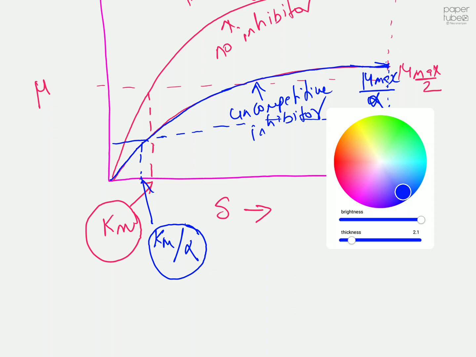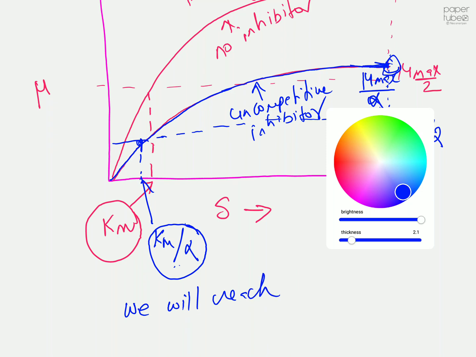So mu max by alpha is this, and half of that is somewhere around here, and you achieve half of that initial velocity, mu max by alpha by 2, when your substrate concentration is equal to Km by alpha.